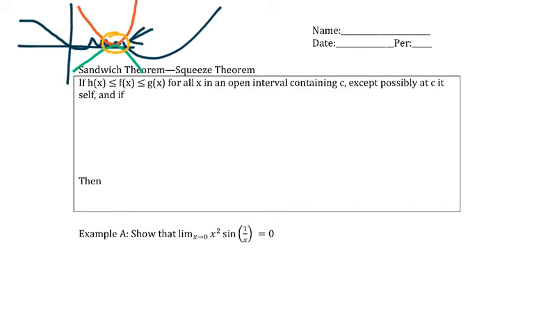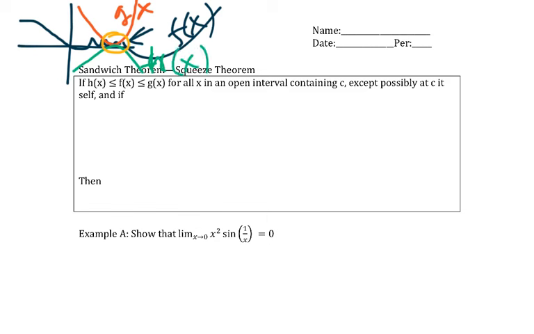We're going to give them names so it's easier to see which function is which. The top one I would call g of x, the one in the middle is the function we call f of x, and the one on the bottom we call h of x.